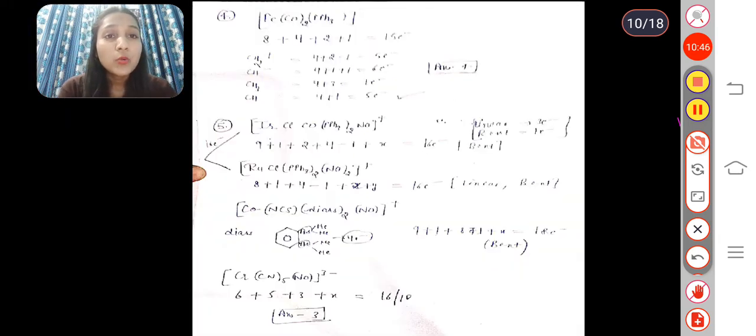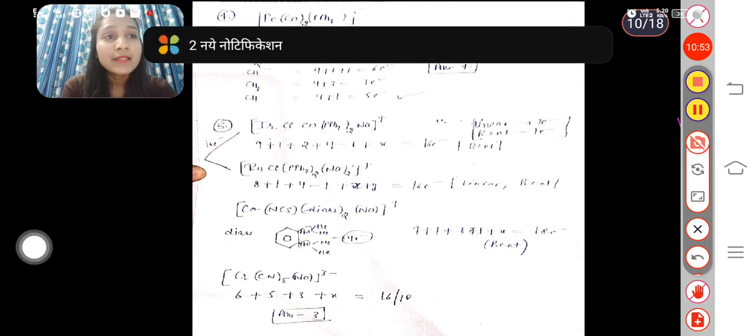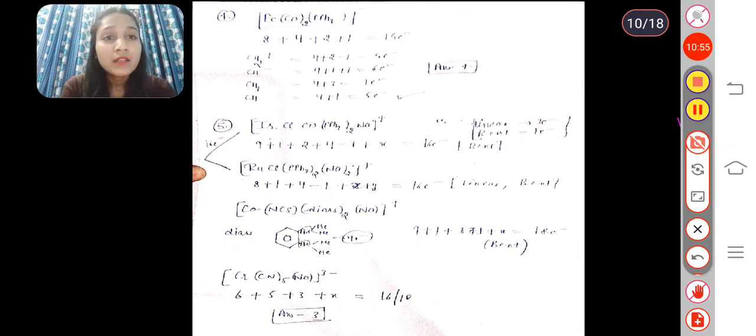In the first compound, IrCl(CO)(PPh3)2(NO) positive. For Ir we have valence electrons 9. For Cl it is 1. For CO it is 2. For PPh3 it is 2, and here we have 2 PPh3, so it is 4. Here is a positive charge, so minus 1 plus X. So in total, if we count without NO, it comes out to 15 electrons. So it can take 1 to acquire a 16 electron species, or can take 3 to acquire an 18 electron species.